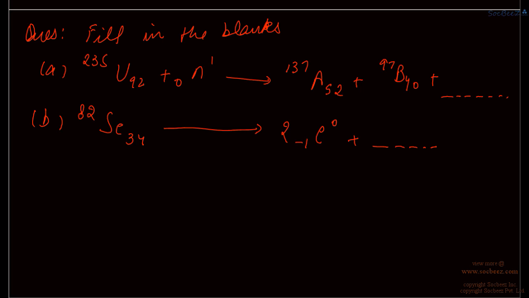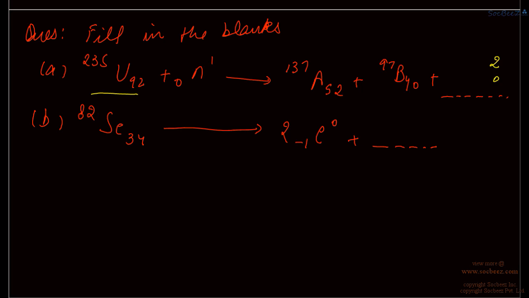Okay, so in this case, if conservation of mass is taken care of, then we can say that the atomic mass of the given species should be 2. It is lagging by 2. Atomic number is changing by 0.